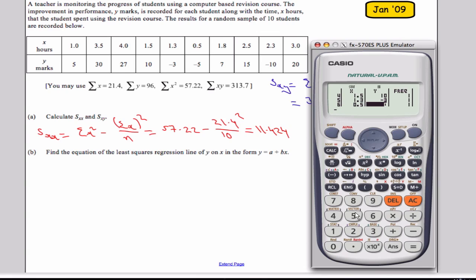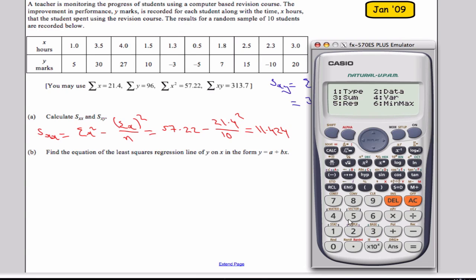So minus 5, just finishing off here now. 7, 15, minus 10, and finally 20. So in goes my data, and then I just hit shift, stat.